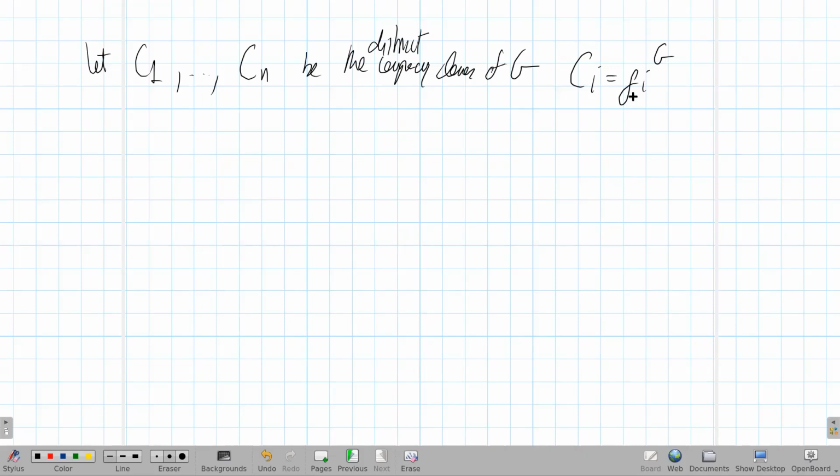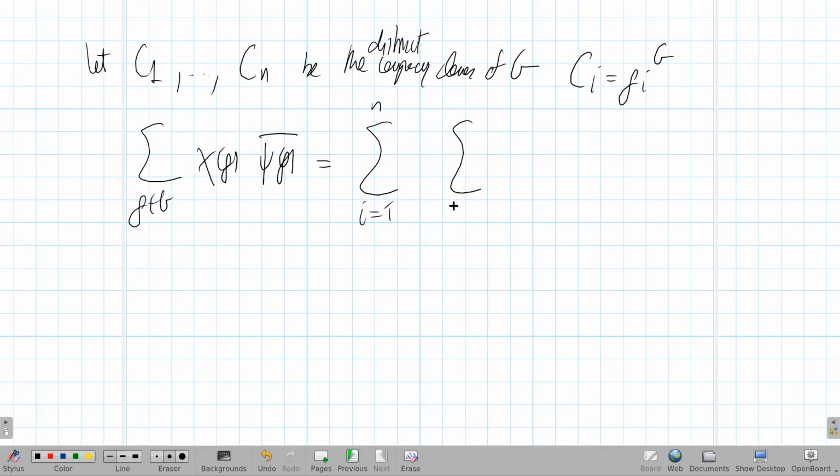So the conjugacy class Ci is the conjugacy class of gi. When you consider this sum, there's no 1 over |G| in front for simplicity, but we'll remember that it has to be there. So you can split it like this, since they form a partition. You sum first over the terms of the partition, and then inside you sum for g in Ci, chi of g, sorry, that's psi.